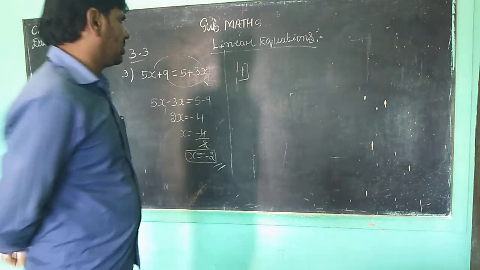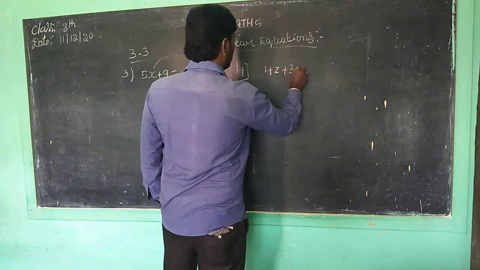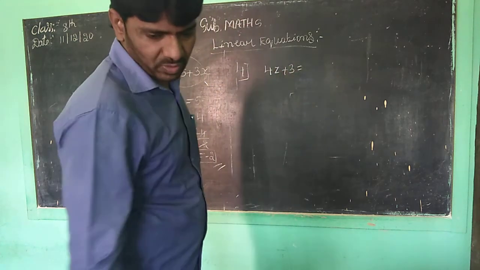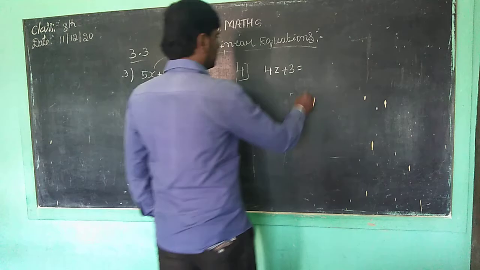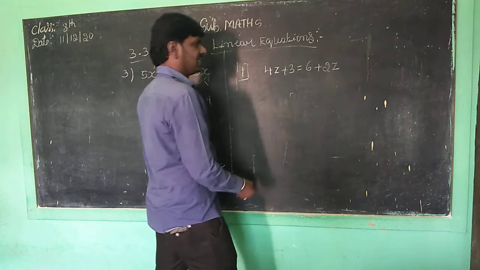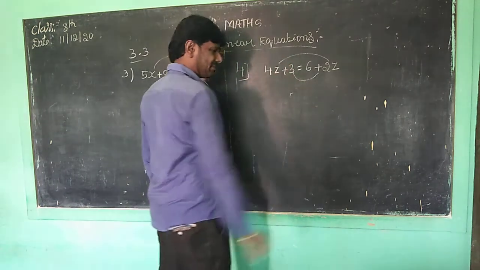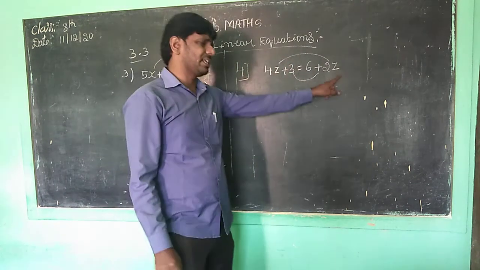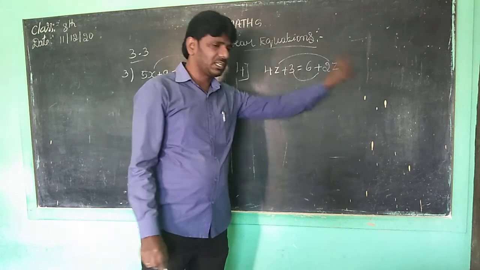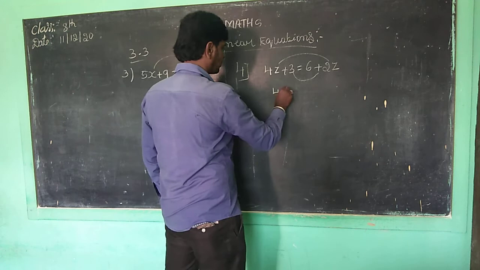4z plus 3 is equal to 6 plus 2z. Children, this 2z will transpose to the left hand side, and plus 3 will transpose to the right hand side. Here it is 4z.